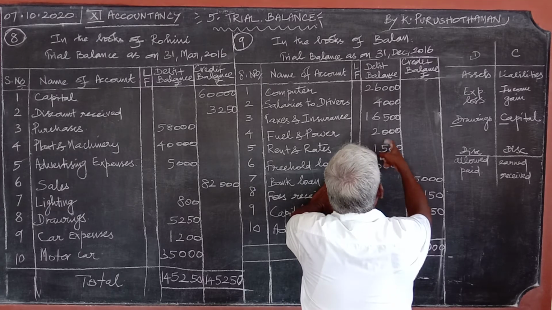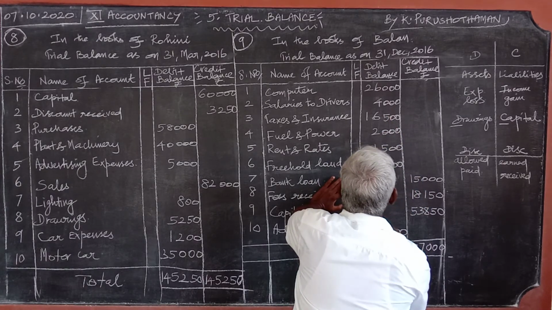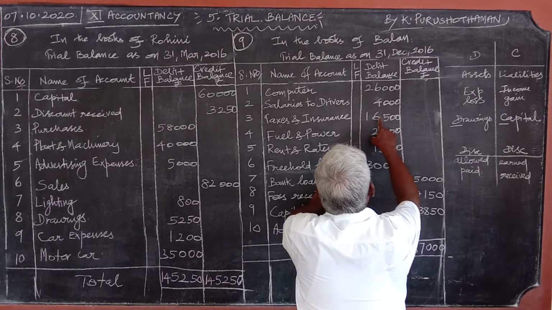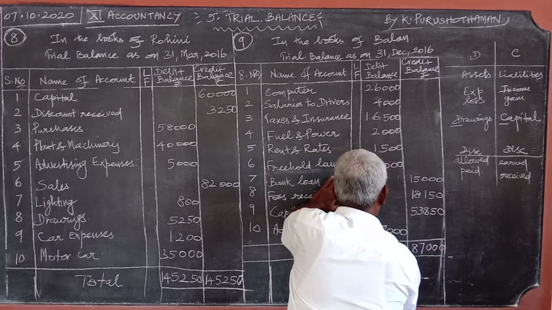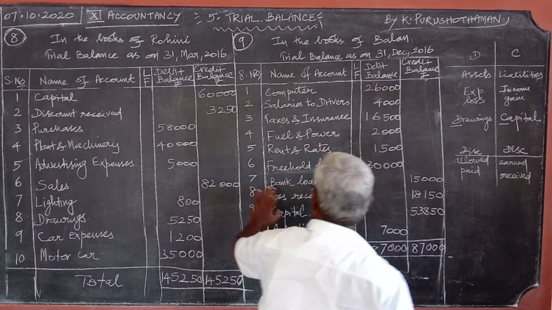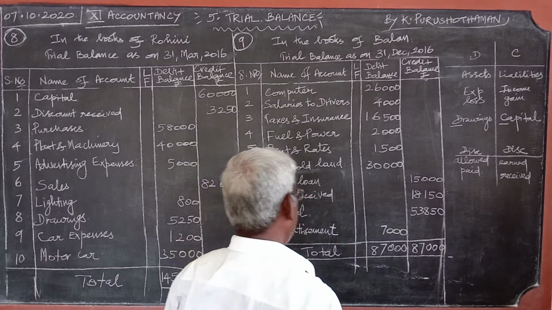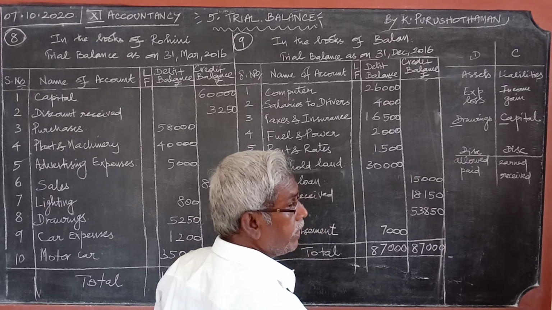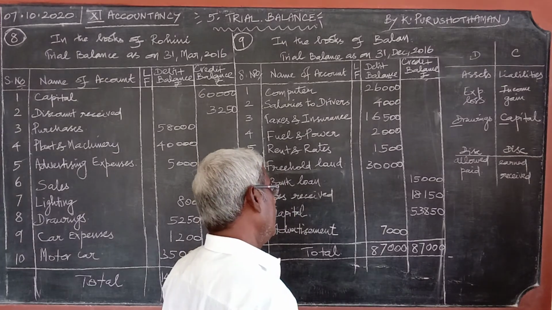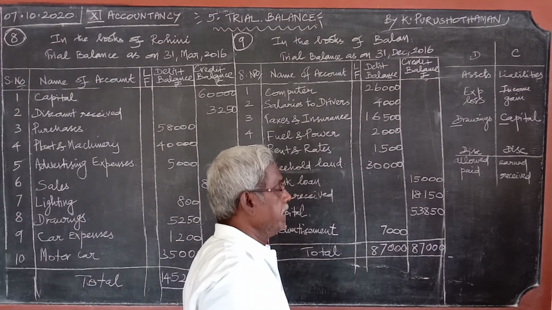The third column, 5 plus 5, 10, remainder 1, 27, remainder 2, 87,000. It is the total. In this problem also, the total is coming correct. Therefore, the trial balance what we have prepared is correct. If the totals are not equal, what we have to do? We will see it tomorrow.